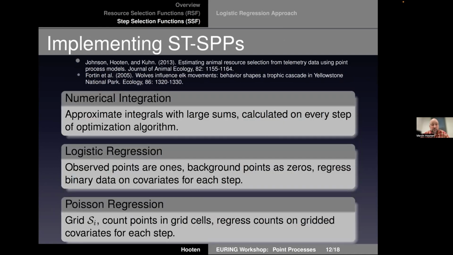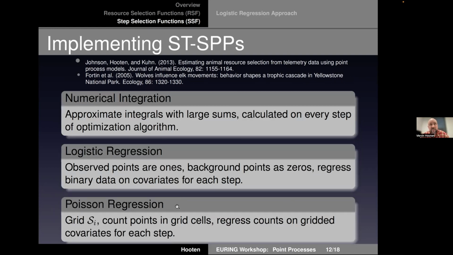We would fit that model using one of the same three approaches. You could do numerical integration, or you could use this logistic regression approach or Poisson regression approach. You could do this in either of these ways, and some software exists to aid you in doing this. And I want to make a point here. It is a little bit different in the sense that the model now, if you were going to use logistic or Poisson regression, it's very similar.